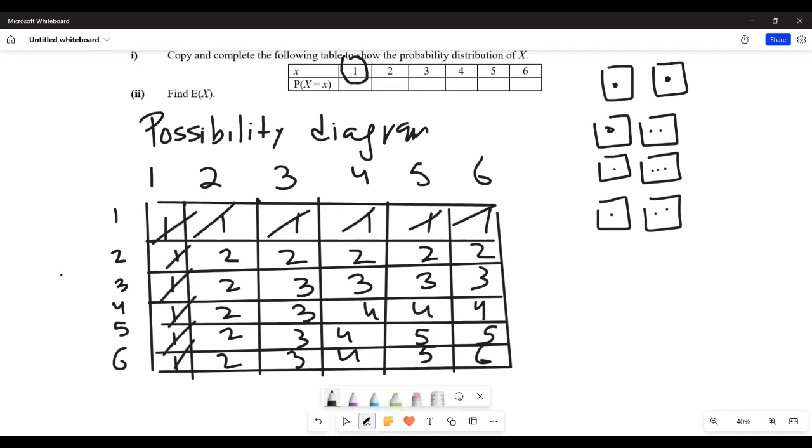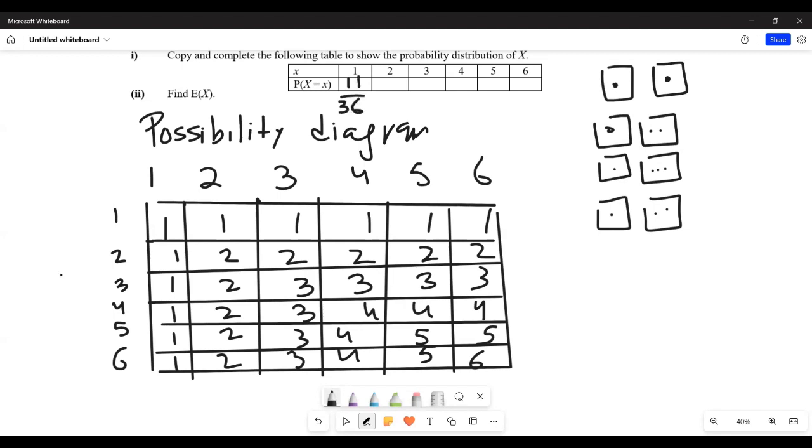So the probability will be 11 by how many total outcomes are there? 6 times 6, 36. Sorry, the answer for the first one is 11 by 36.